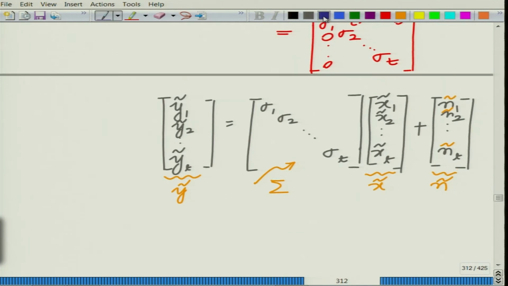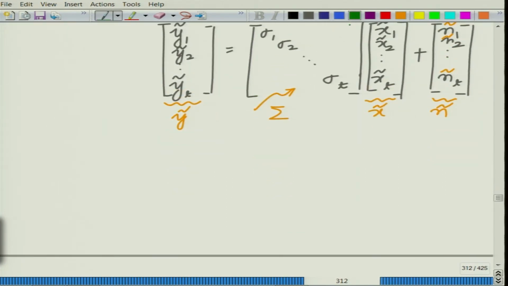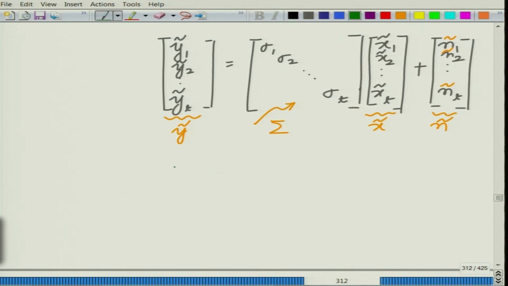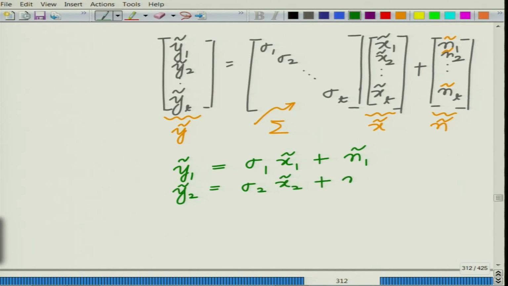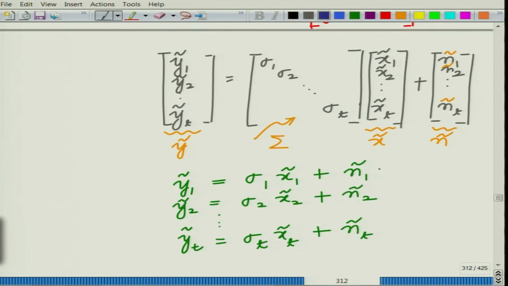If you write these equations explicitly, then what you obtain is y1 tilde equals sigma 1 x1 tilde plus n1 tilde, y2 tilde equals sigma 2 x2 tilde plus n2 tilde, so on, and yt tilde equals sigma t xt tilde plus nt tilde, and therefore, you can see this is essentially a decoupled system.